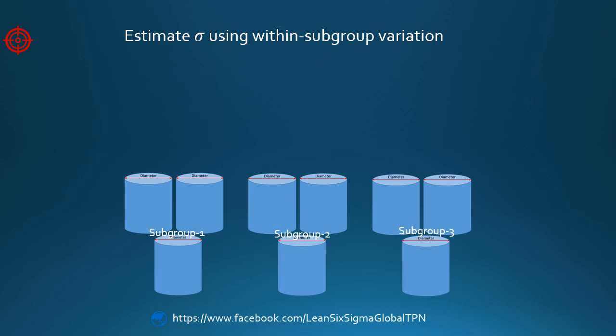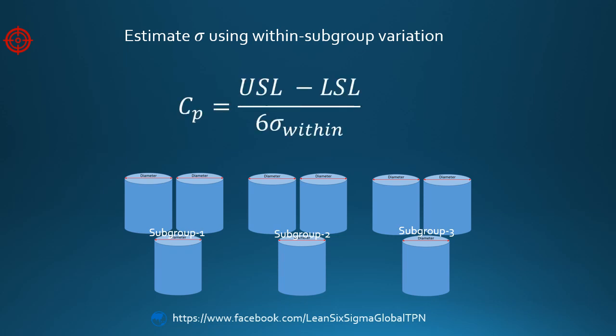We assume that any variability in these subgroups is inherent to the process, so we can be confident that our estimate of within subgroup variation represents the true variation in the process. As a result, this variation can be used to estimate sigma, and this is the formula for CP. It is the ratio of the tolerance to the estimated spread of the process.